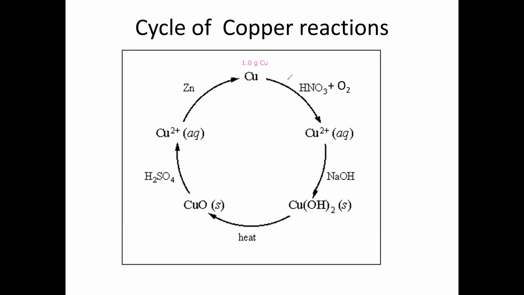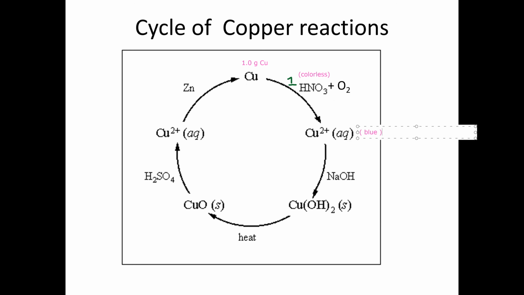So in the first step, you're going to weigh out your mass of copper. You're going to react it with concentrated nitric acid plus the oxygen in the atmosphere. And what's going to happen is you're going to convert this copper metal into copper 2+ ions. So remember that nitric acid is a colorless solution, and copper 2+ is a blue solution.